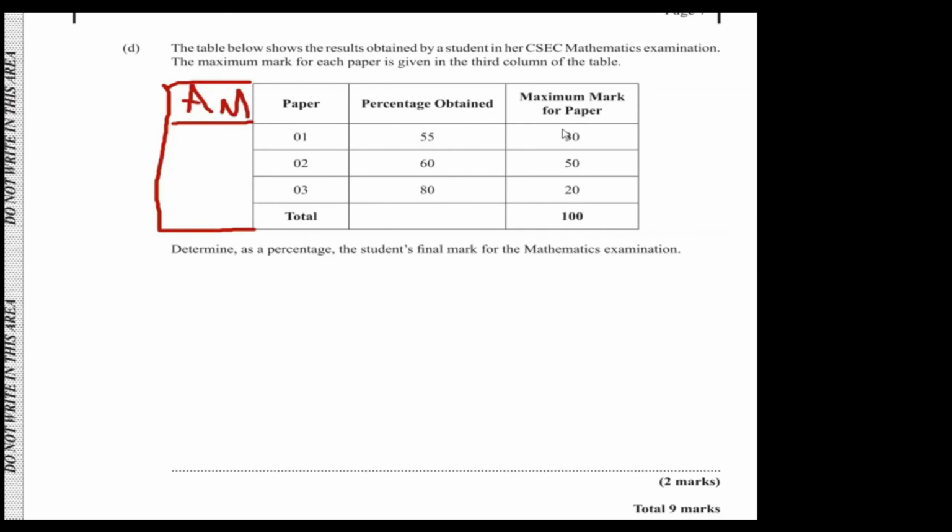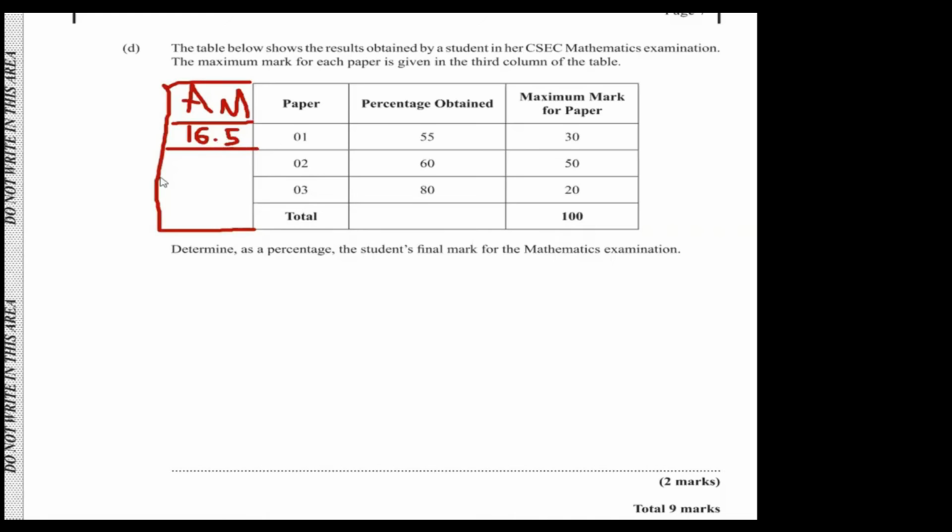You should get 55% of 30. You multiply 0.55 times 30. So that means she got 16.5 out of 30.